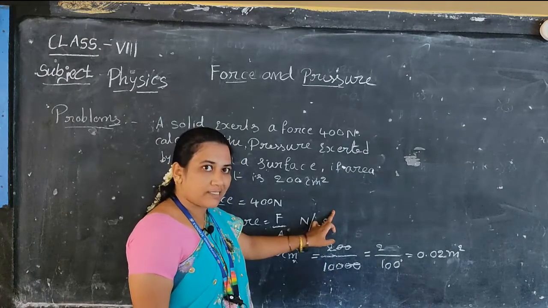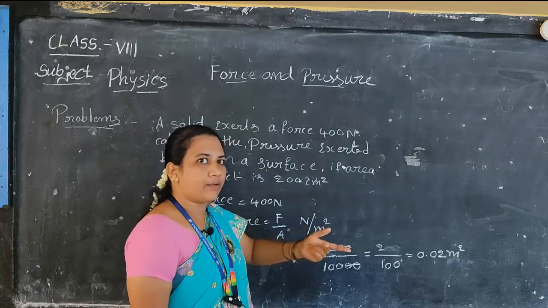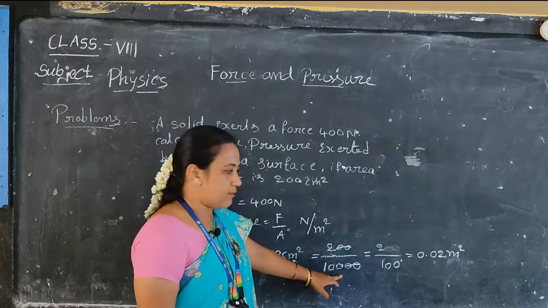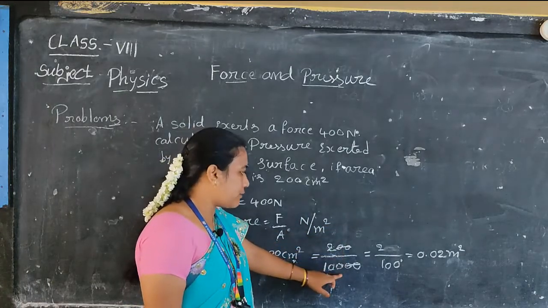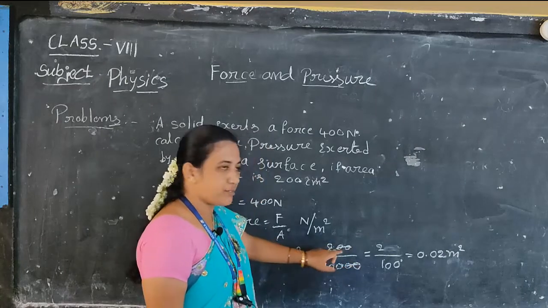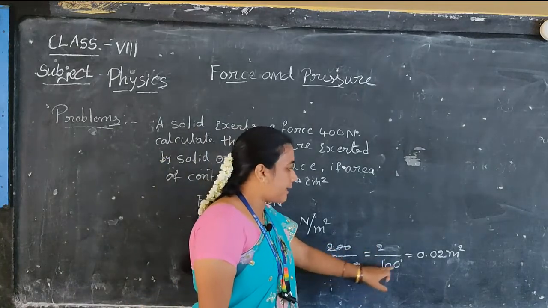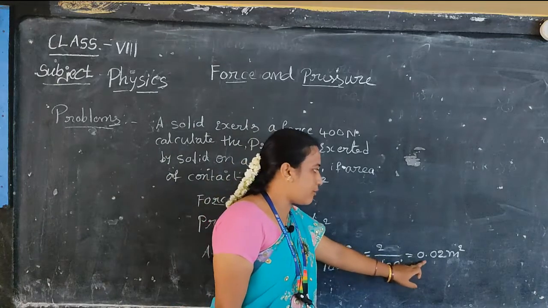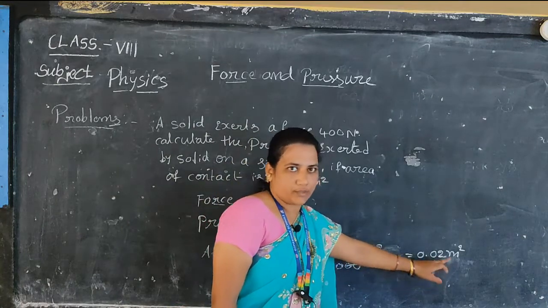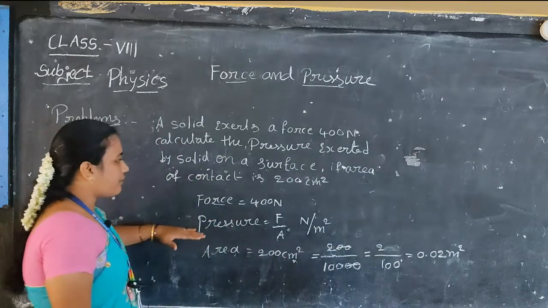Here meter square is there, so what do we do? 100 into 100, we will get 10,000. 200 by 10,000, two zeros cancel, we get 2 by 100, which is 0.02 meter square.